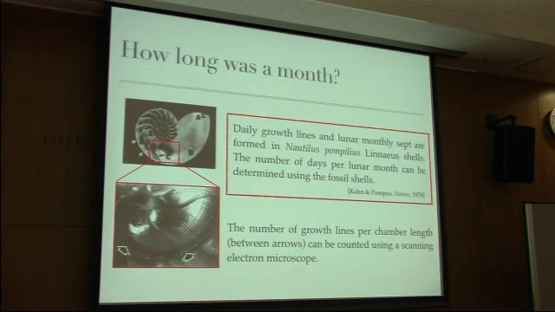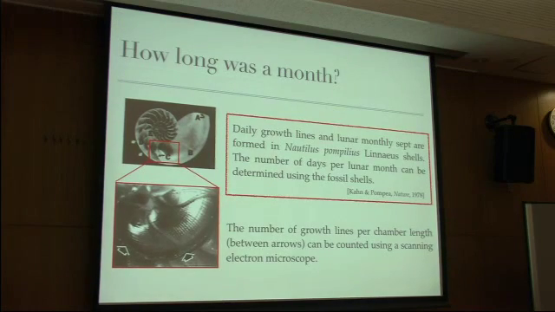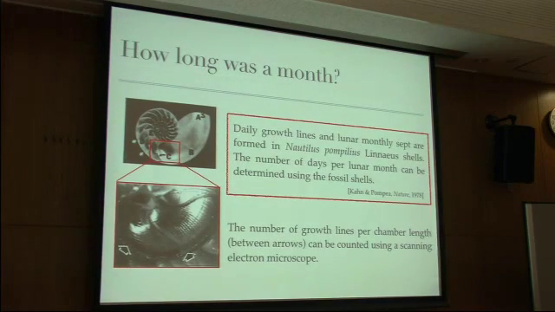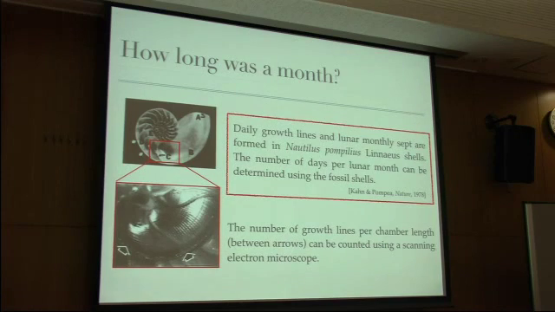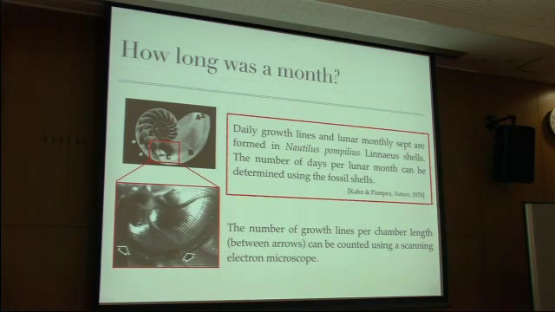And the number of growth lines per chamber length between these arrows, 1, 2, 3, 4, 5, 6, 7, can be counted using a scanning electron microscope. So they used the technique to count the number of lines in the chamber, and they estimated how long a month was.